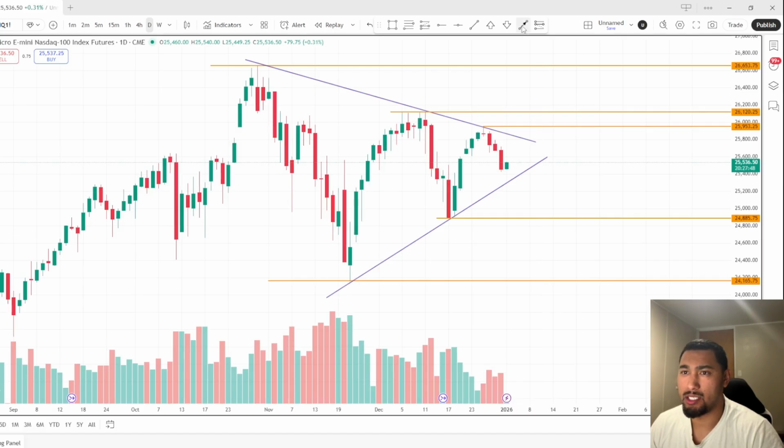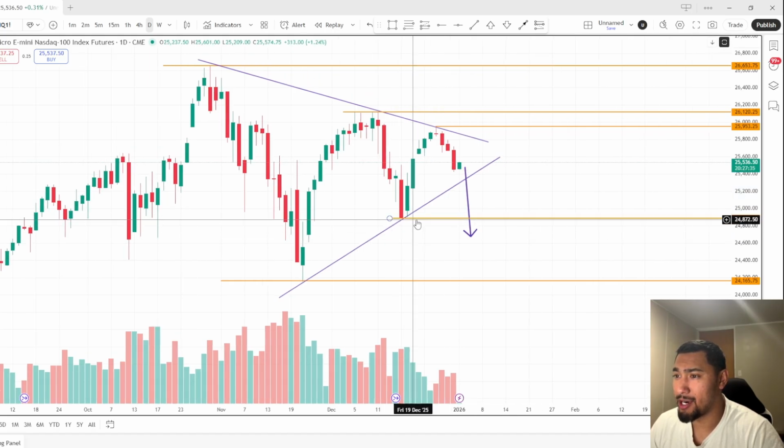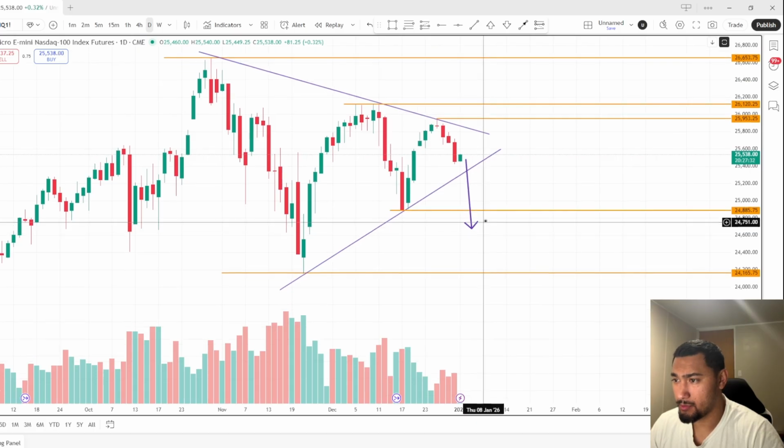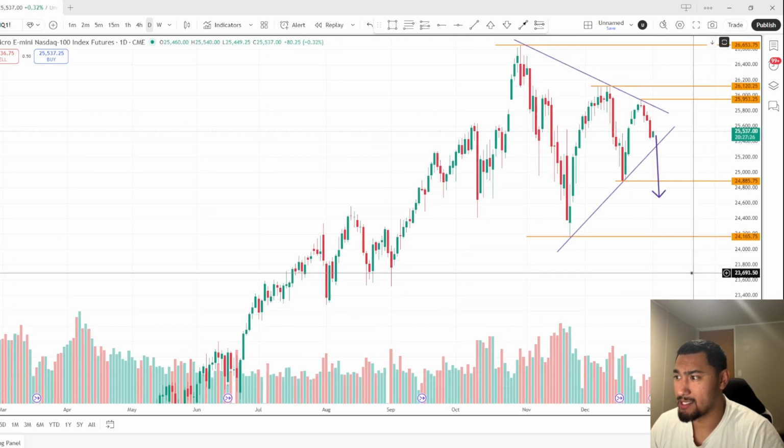I would want to see, if we want to go for puts, I want us to break below this 24,885. I want us to break below, and we'll be able to short pops all the way down to 24,160.